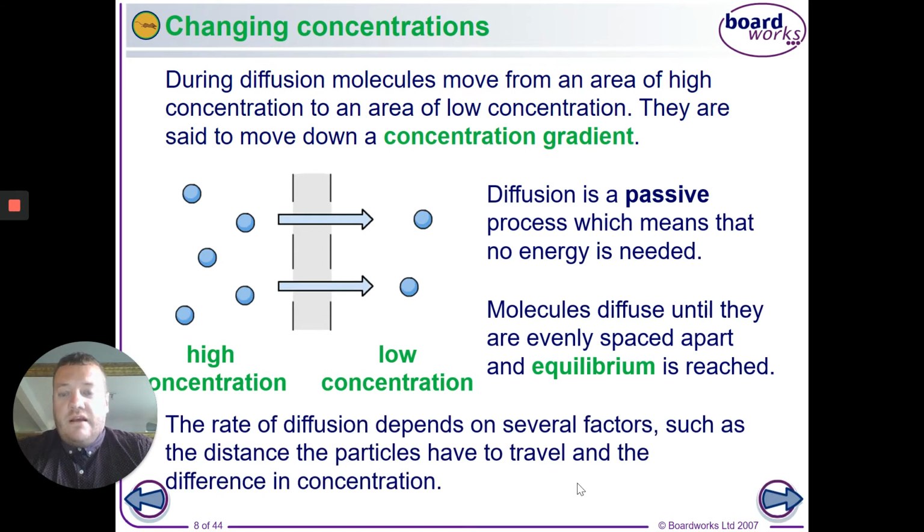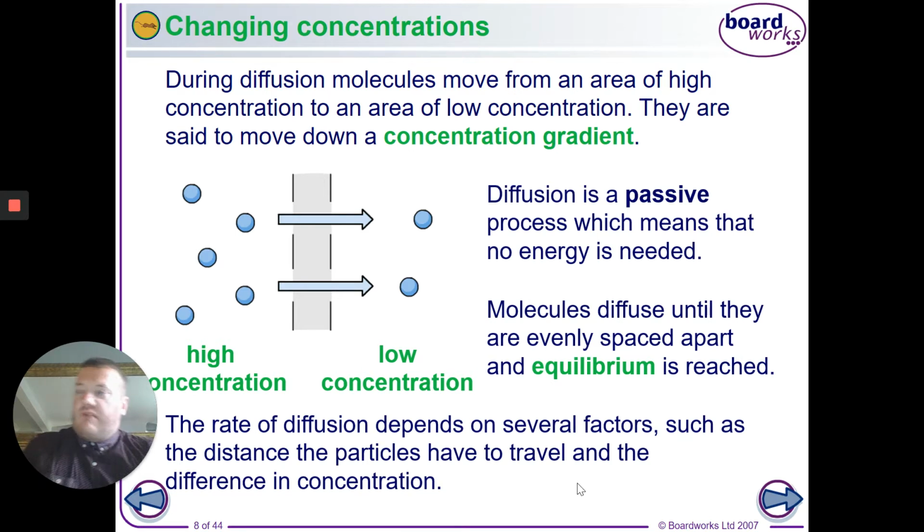All right. Now, diffusion can happen at different speeds. That speed can be affected by a number of different things, and one of the main ones is how far the particles have to travel. So if they only have to travel a short distance, diffusion is going to happen really quickly. If they have to travel a long distance, that happens more slowly.